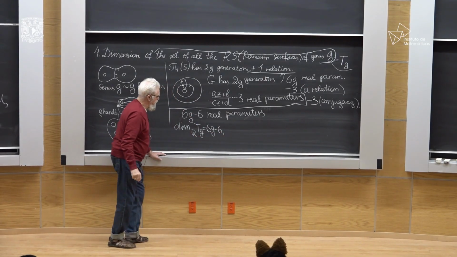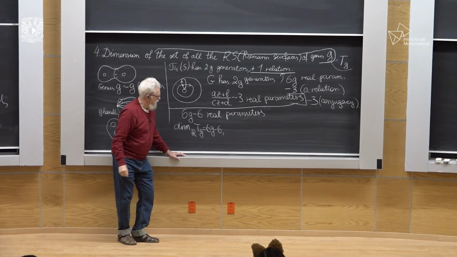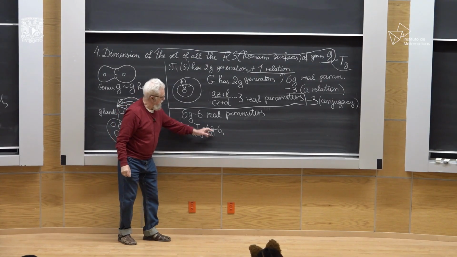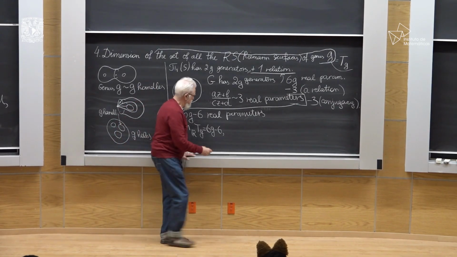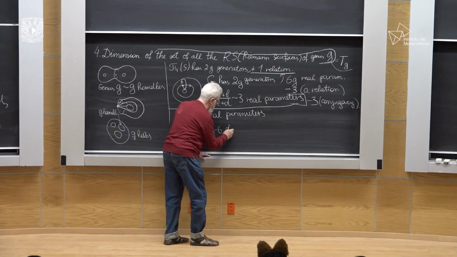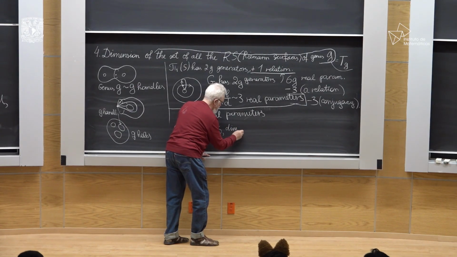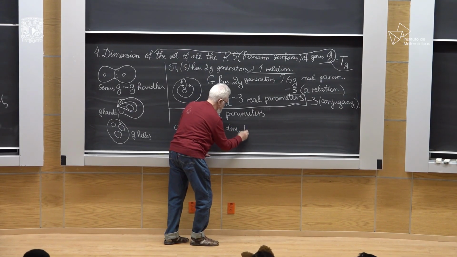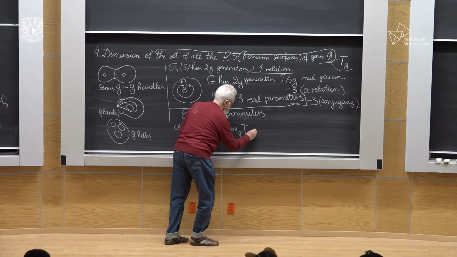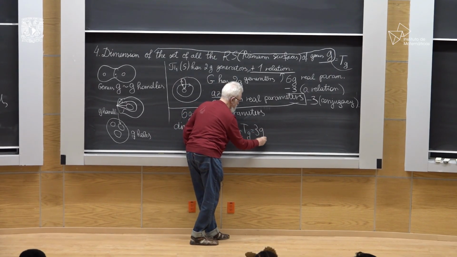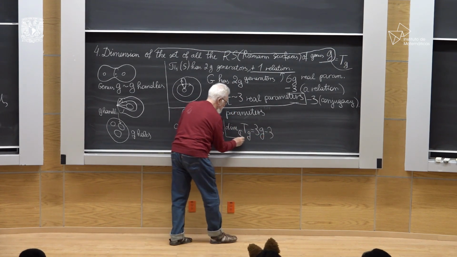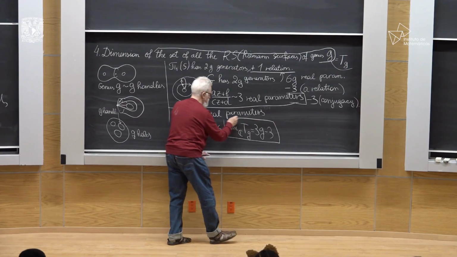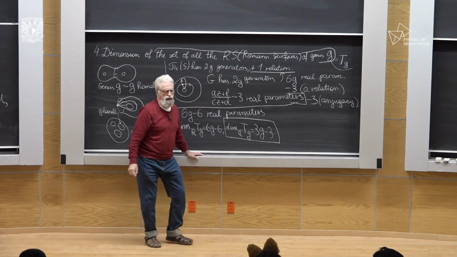And if you want to consider this real space as a realification of a complex one, then the corresponding complex space will be of dimension 3G minus 3. And this is a formula that I will use in the next lecture.